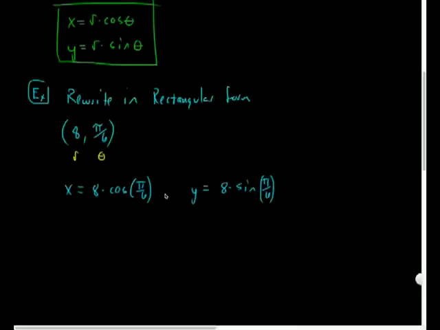So let's see. Cosine of pi over 6: pi is 180 degrees, dividing by 6, that's going to be 30, right? So cosine at 30 degrees is going to be, I believe, root 3 over 2. And sine at 30 degrees, or at pi over 6, is a half.